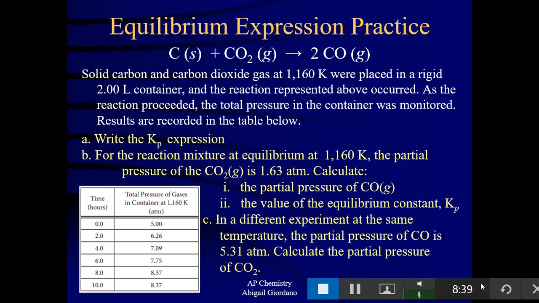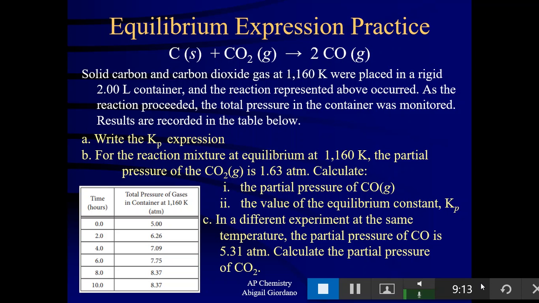And look at the title of that column, total pressure of gases. So in part B, I know I'm at equilibrium, because it says for the reaction mixture at equilibrium, so I know where to look in the chart. I know what the total pressure is. It's 8.37. And I know the partial pressure of carbon dioxide. So all we have to do is subtract.